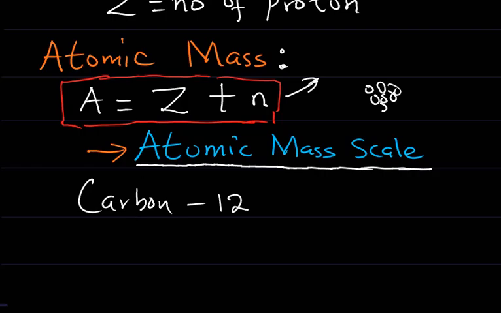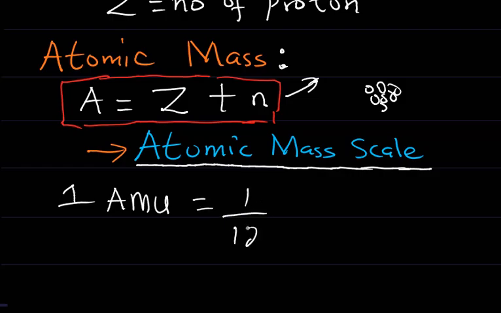What does this simply mean? In atomic mass units, we have what is known as the atomic mass scale. We have 1 atomic mass unit, 1 AMU. 1 AMU is equal to 1/12 of the mass of carbon-12.